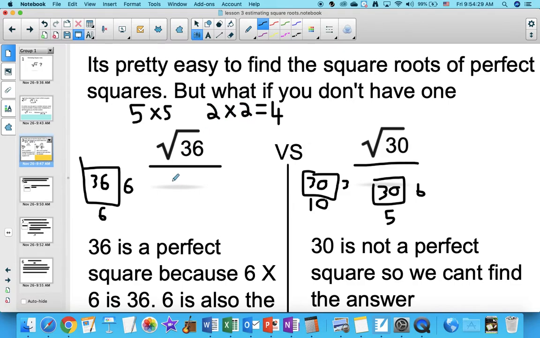And the same is true of 36 because 6 times 6 gives me 36. So we know 36 is a perfect square because 6 times itself gives me 36.